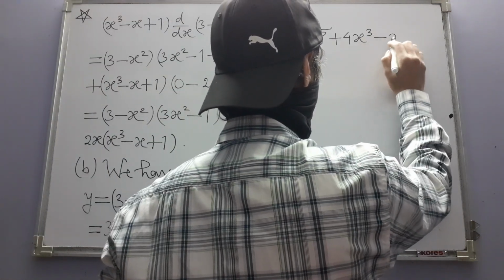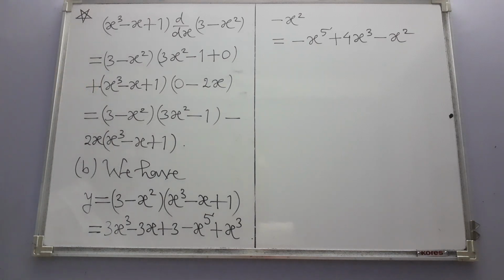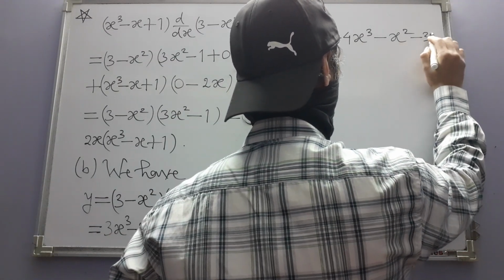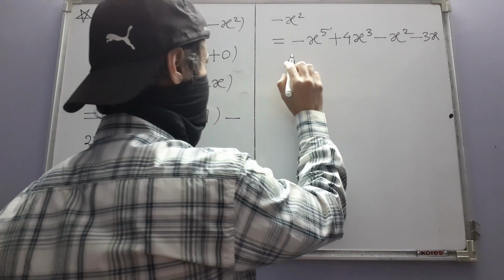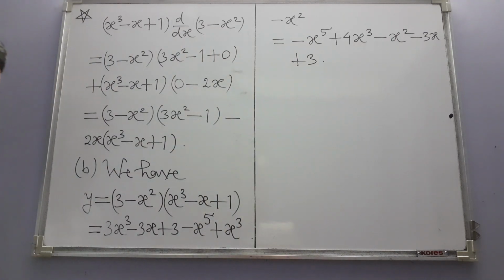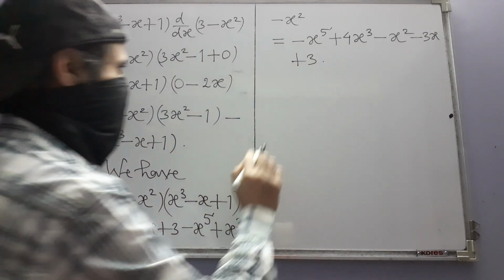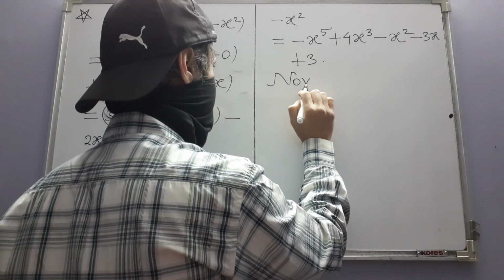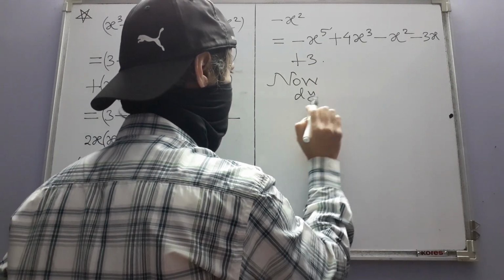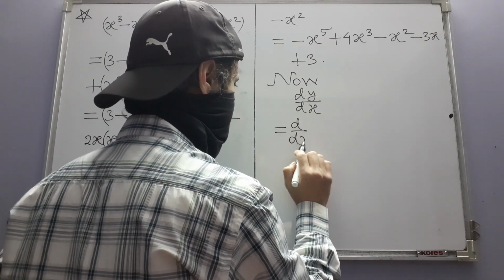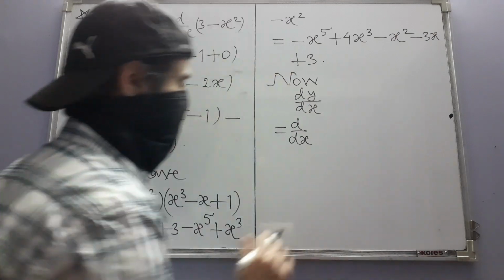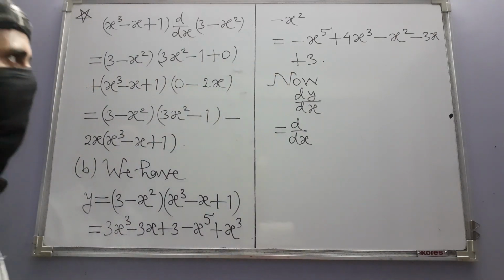I did not see that. Minus x square, that's the only square term. And then x term, we have minus 3x. Any other x? No. And then we also have a constant term plus 3. Okay, so now we are ready to differentiate. Now dy dx is, it's a good idea to first write the expression and then only you go for differentiation.